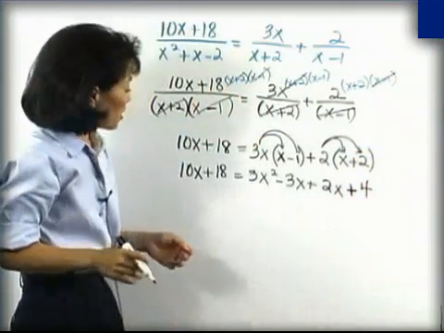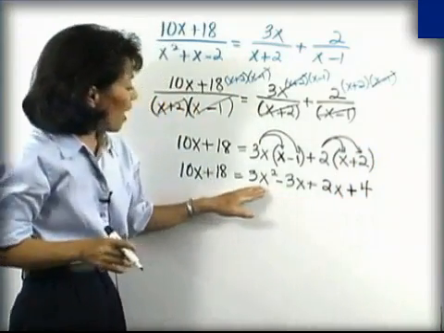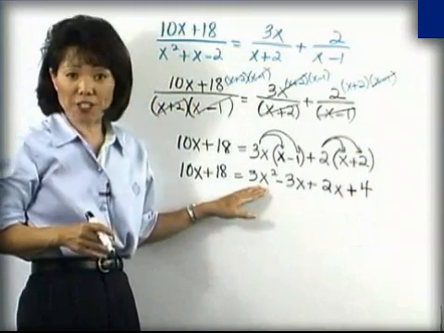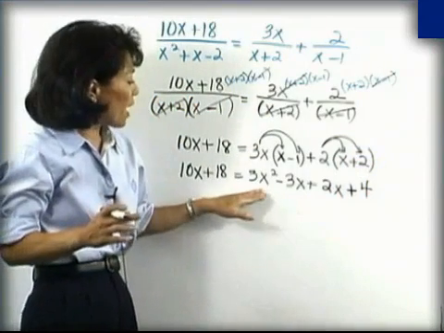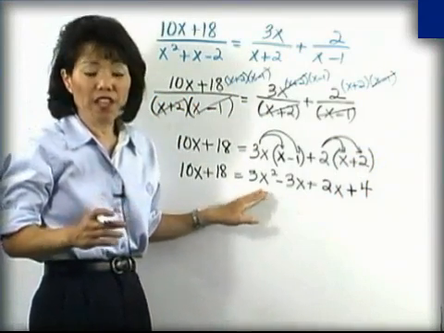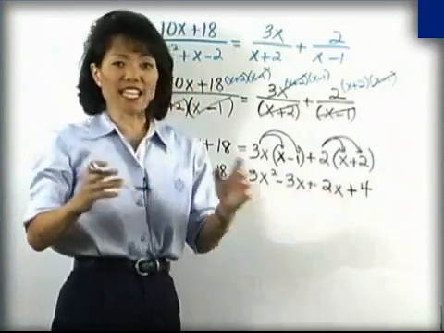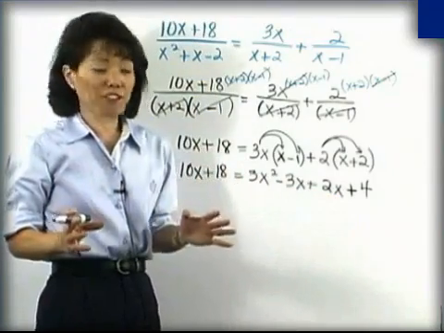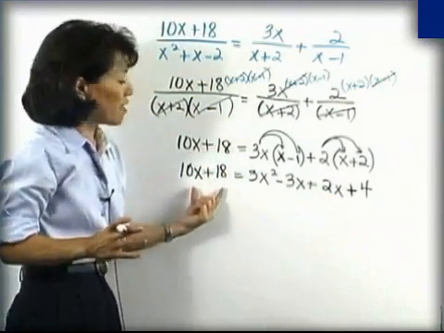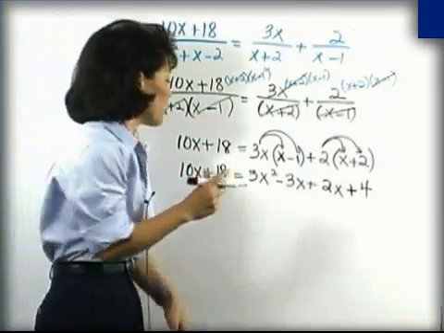Now we've got a long string, don't we? So what we're going to do then is the following. I see that I have my quadratic term, or that means my term that contains the x squared, on the right-hand side of my equation. So what I'm going to do is collect like terms, and at the same time, because I want to write my equation in standard form, I'm going to subtract 10x and 18 from both sides of my equation.